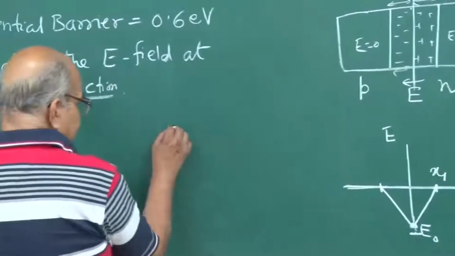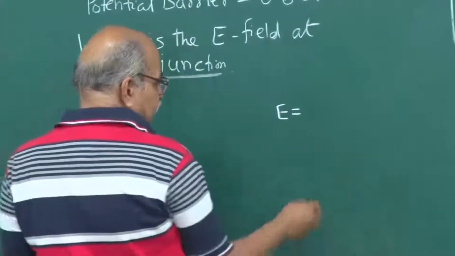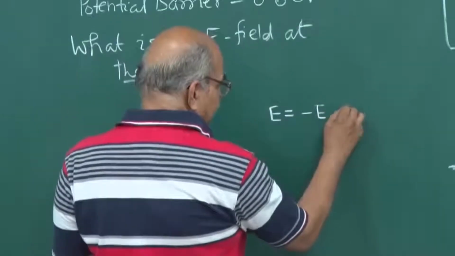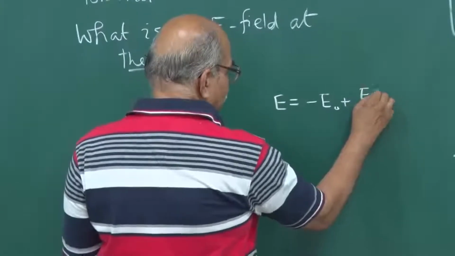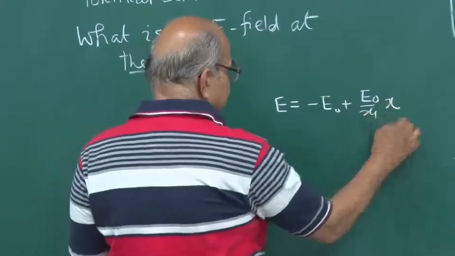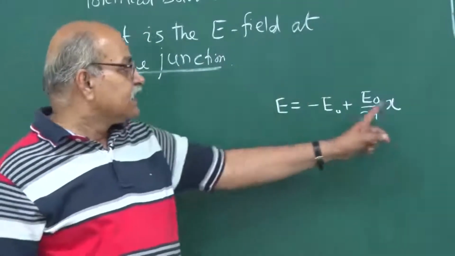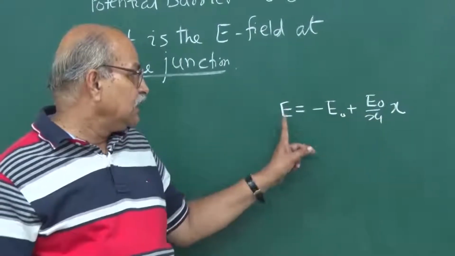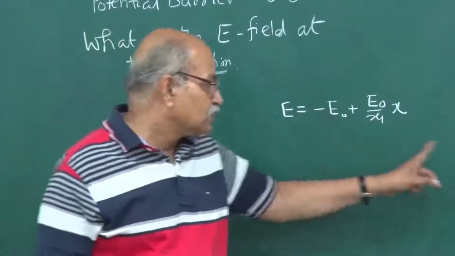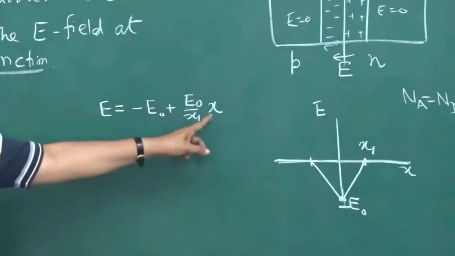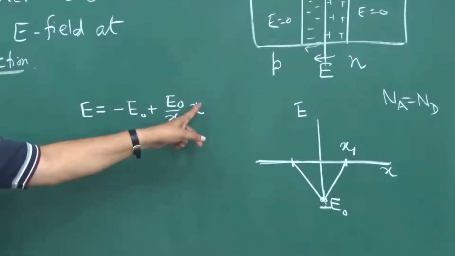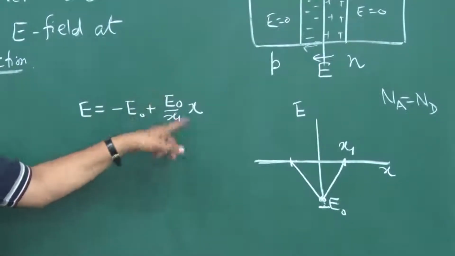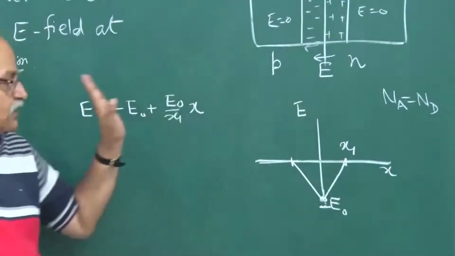This I can write as E equal to minus E naught plus E naught over x1 times x. Just check. This is a linear equation, and at x equal to 0, E is equal to minus E naught, and at x equal to x1, this will be 1, x over x1, and so minus E naught plus E naught will be 0. So this is the equation.